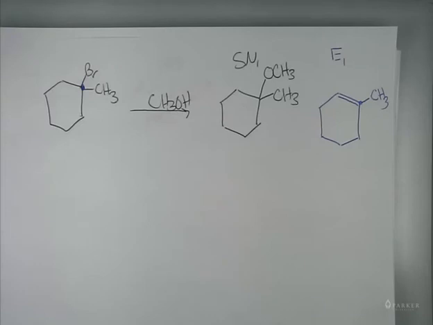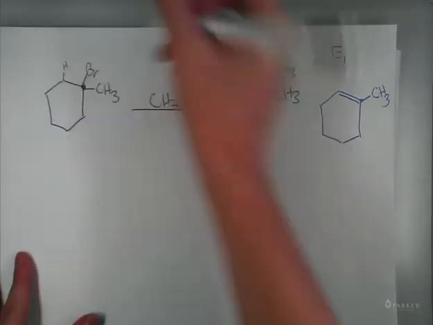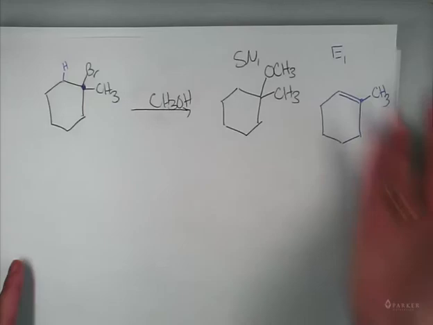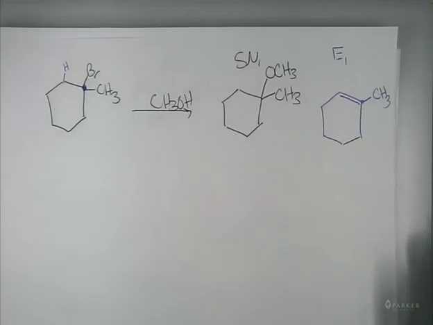Why wouldn't I what? To which one? Because E1 only, it doesn't add the nucleophile, it only makes a double bond. By definition of elimination, if you look at the mechanism, what happens in the first step?